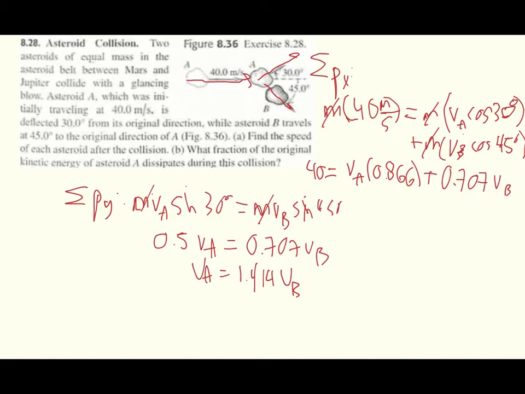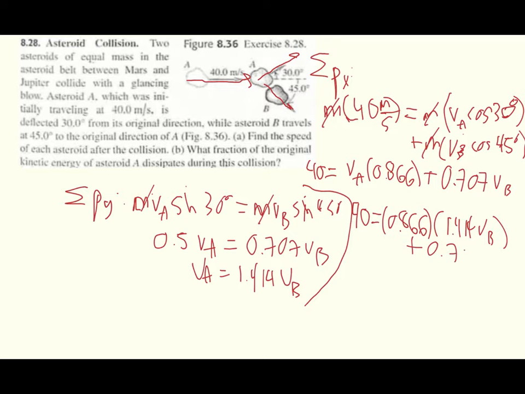So we have 40 equals 0.866 times 1.414 VB plus 0.707 VB.